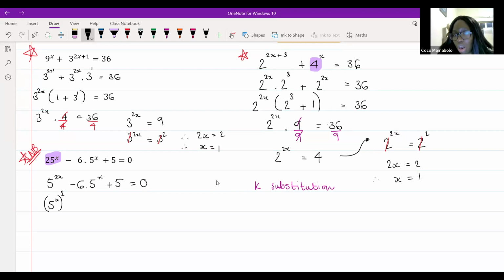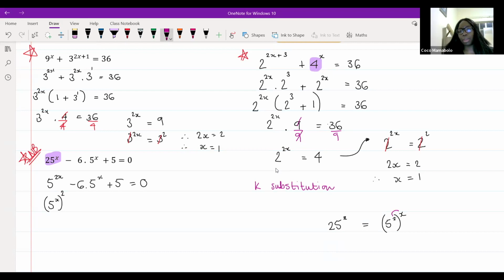Okay, Vukosi says no, which means I'm going to have to explain again. All right, so Vukosi, let's say I give you this. If I give you 25 to the power of x, right? I know that in order for me to change this, this becomes 5 to the power of 2 all to the power of x. Yes? Are we okay with that? Right? And then what I'm going to do is I'm going to multiply these two in. Correct?